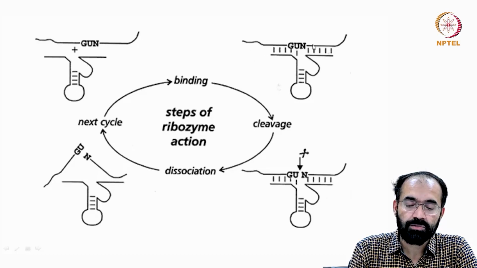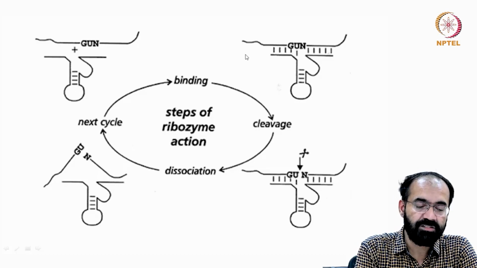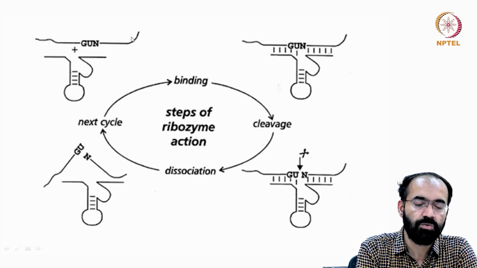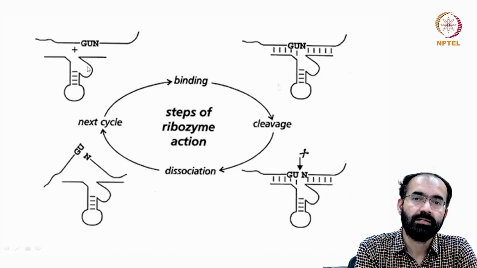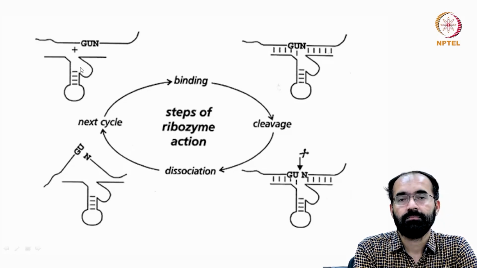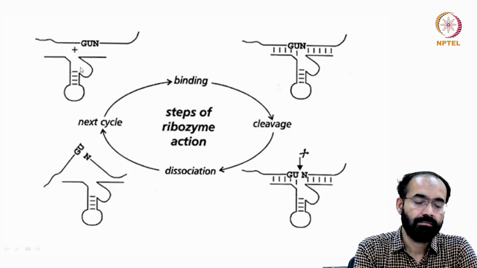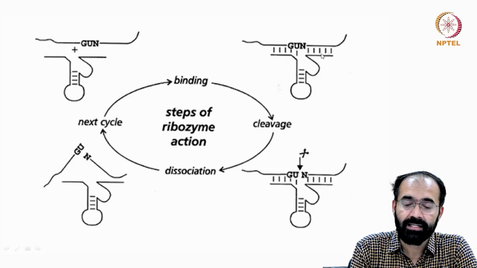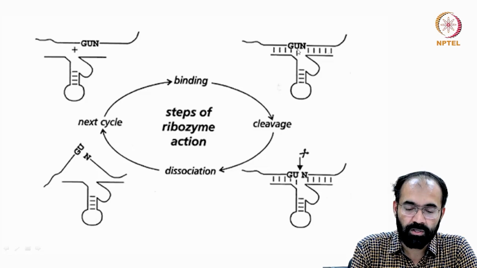Now it undergoes so-called pairing at specific regions on this target or substrate molecule. For convenience, we can call this GUN-bearing RNA a substrate, whereas the stem-loop bearing molecule is the enzyme, or ribozyme, or functional RNA molecule. Now it underwent a pairing at a specific sequence, and it is behaving like a DNA molecule.